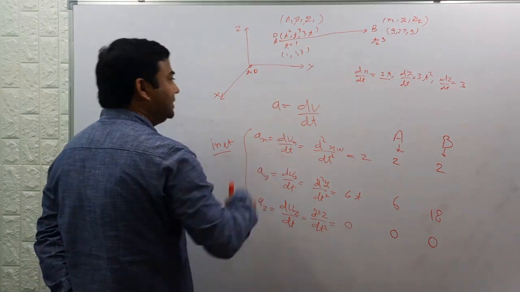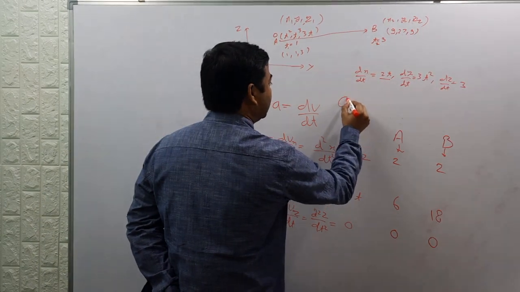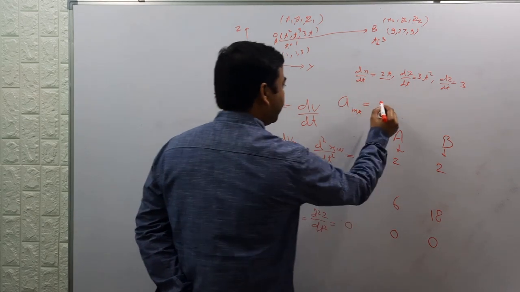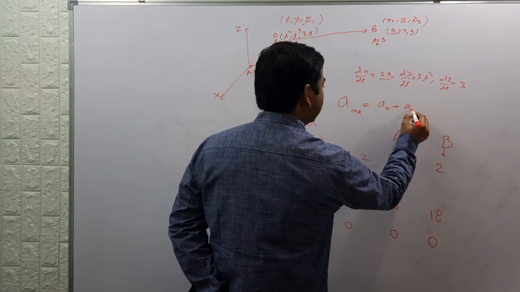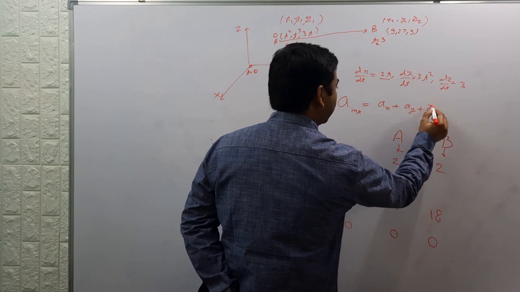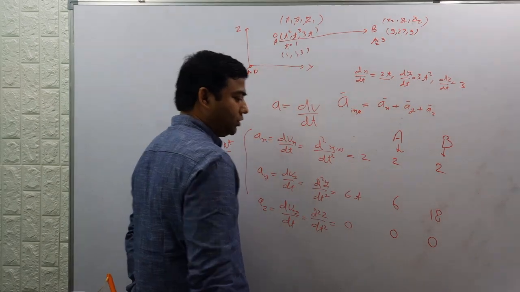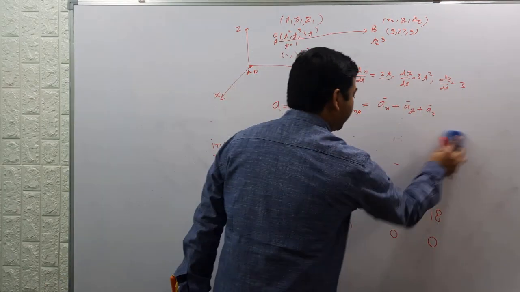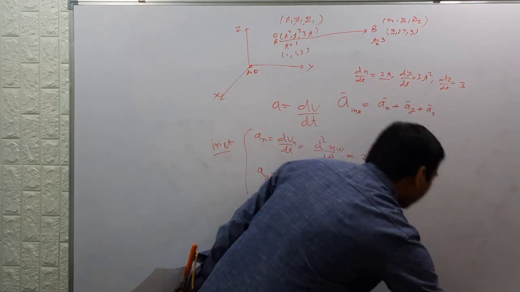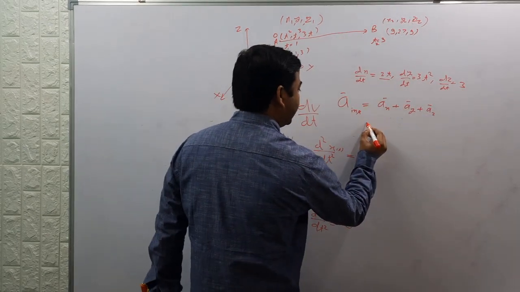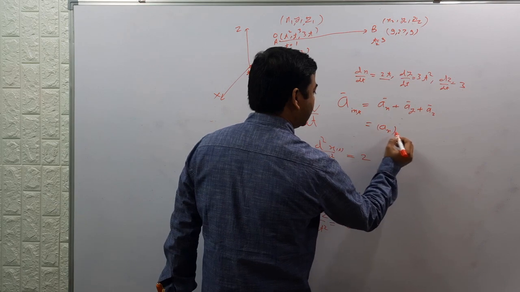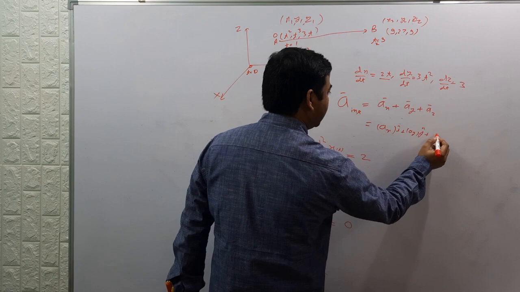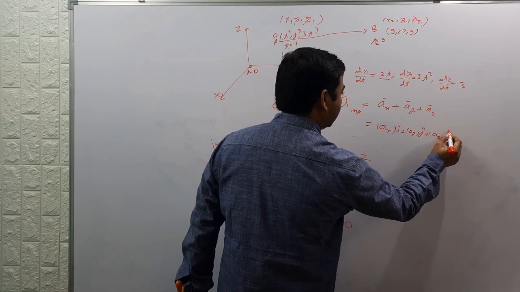So total instantaneous acceleration, A instantaneous, is given by ax plus ay plus az. We all know these are the components in x, y, z direction, or we can write it like this: ax i plus ay j plus az k.